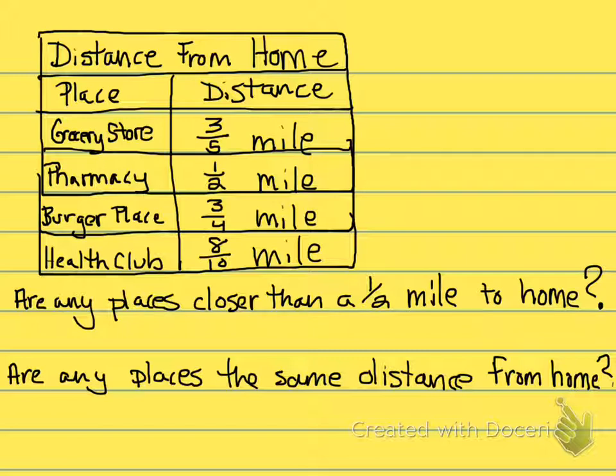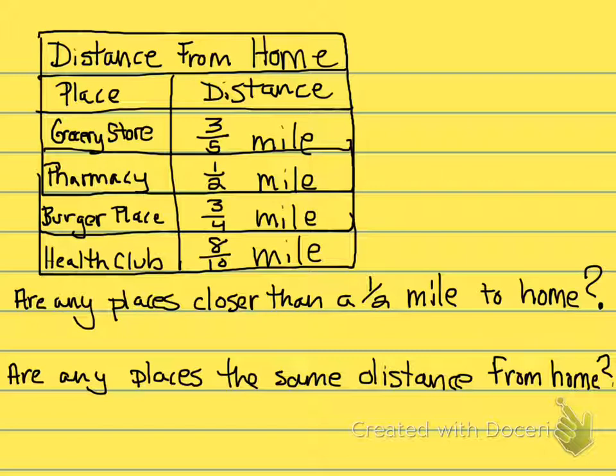So now we have two questions. Are any places closer than 1/2 mile to home? One thing you can do is think about your benchmark half and compare all of these fractions. What the question is asking you is, when you look at these distances, are any of them less than 1/2? Being closer than 1/2 mile to home means you live less than 1/2 mile away.